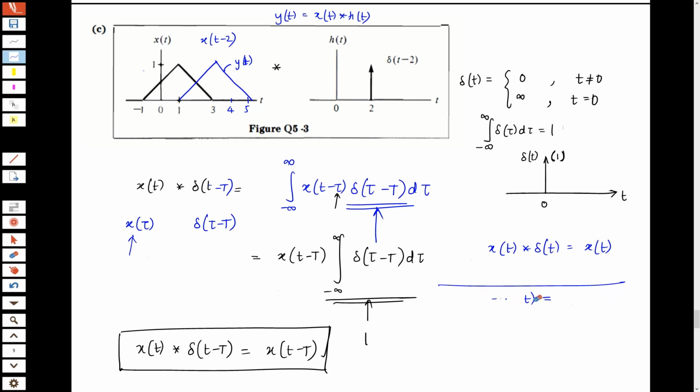Okay, that's the only way to get rid of a delta function. Otherwise, you cannot get rid of a delta function. If you find the product of delta with some other function, your output is always going to be a delta function. Here, because this was convolution and there was integration, we got rid of delta.